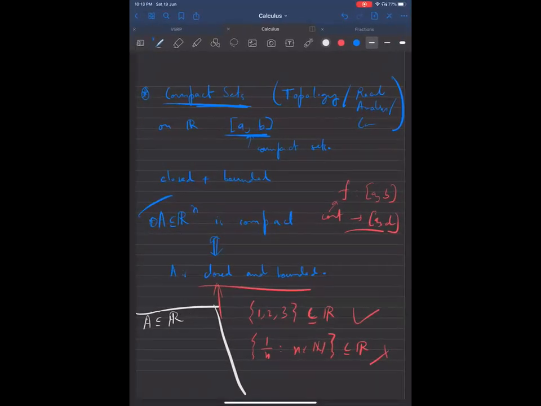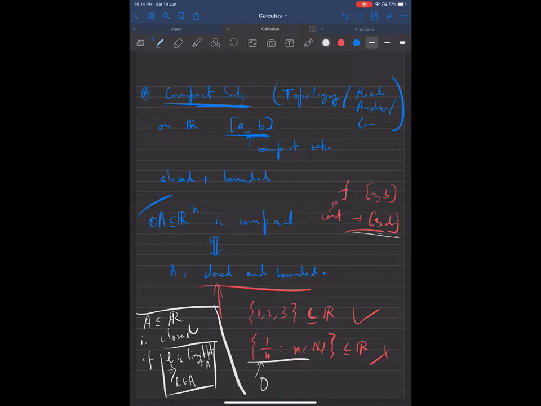So a set A in R is closed if this happens: if L is a limit point of A, then L is in A. Like all the limit points are inside the set. If that is the case, then the set is closed. See here, this is not the case. 0 is a limit point of this set, but 0 is not inside the set. So it's not closed.